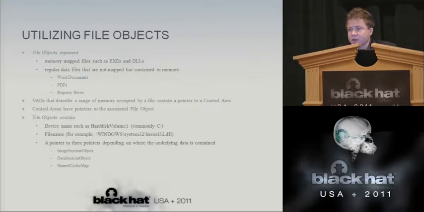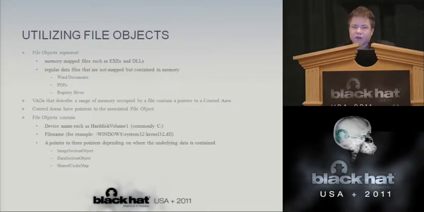As we mentioned, the VAD describes the virtual address range that that file occupies. But if it is a memory map file, or if that file is represented on disk for that region of memory, there will be a pointer within the VAD to a control area. The control area will then contain a pointer to a file object. And the file object contains a lot of useful information for us, including the device name.